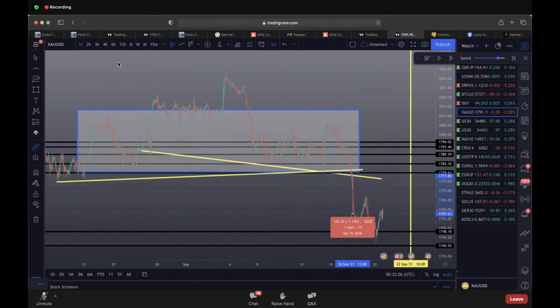Okay, you're trailing down your stop. Oh, boom. Look at that. 282 pips.